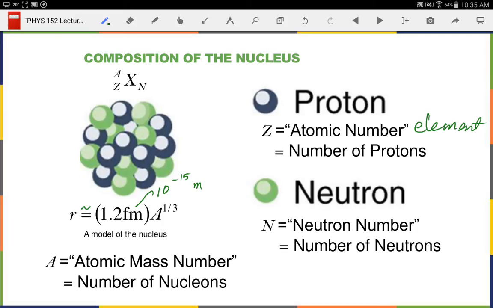Each element, vanadium for example, has 23 protons. It doesn't matter how many neutrons it has, it's vanadium if it has 23 protons. It can have different numbers of neutrons. So we talk about elements that have different numbers of neutrons but the same number of protons as different isotopes of the same element.